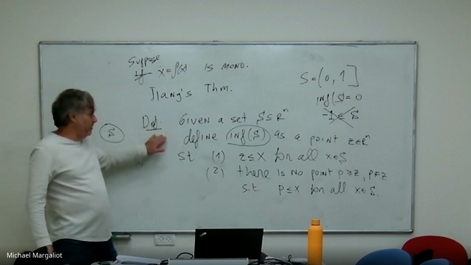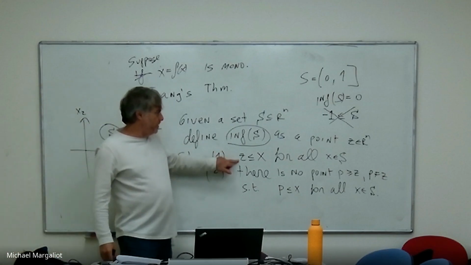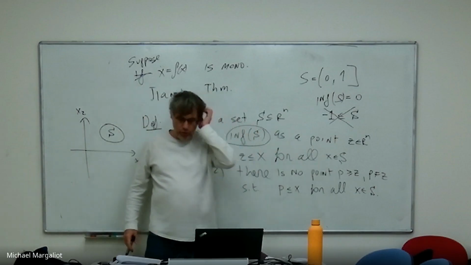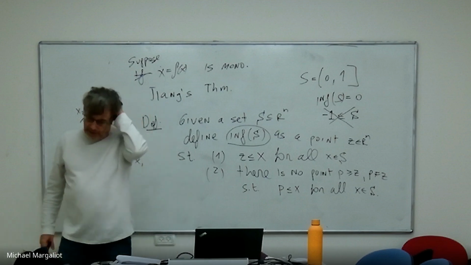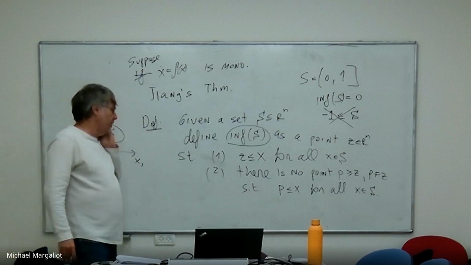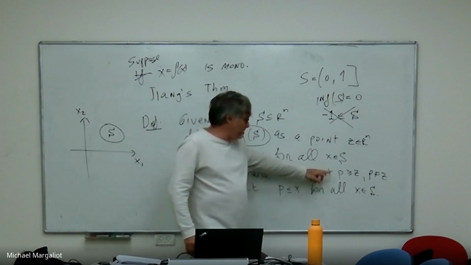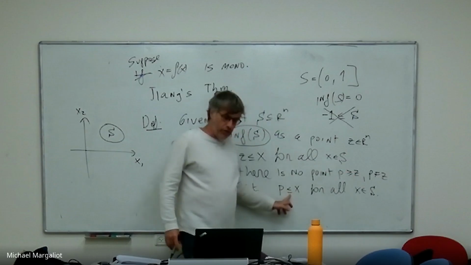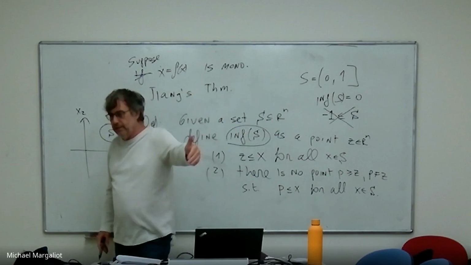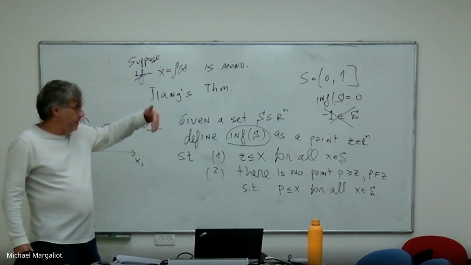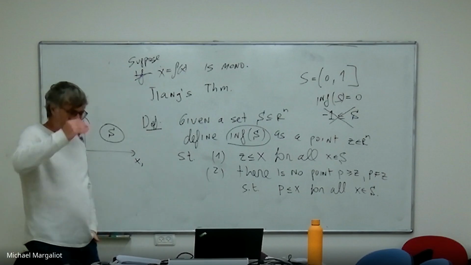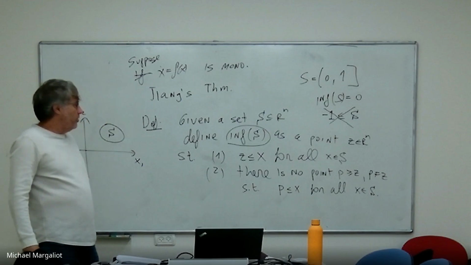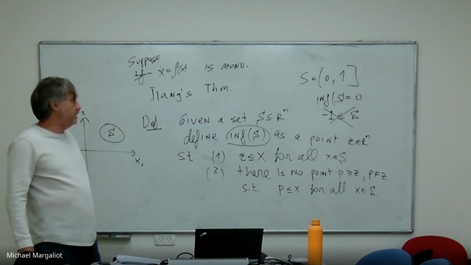So this says the following. First of all, this infimum is a point Z, which is smaller or equal to all the points in S, so it is a lower bound. And there is no point which is larger than Z and is also a lower bound, because then I would take this point P, which is a tighter lower bound, and I would say that this is the infimum. So I'm looking for the tightest lower bound.